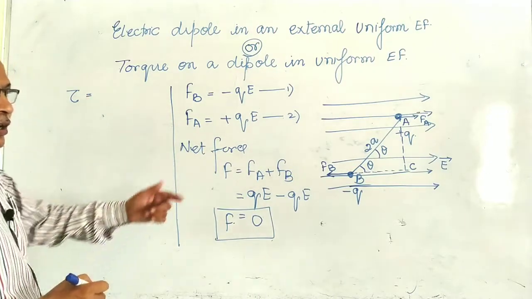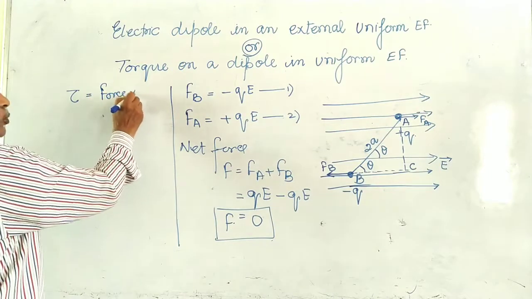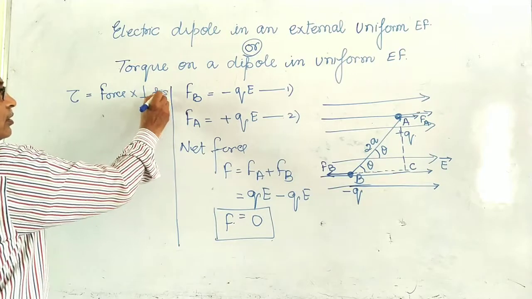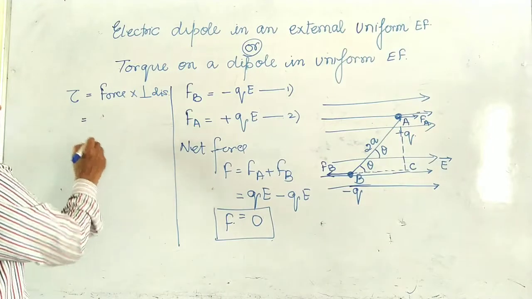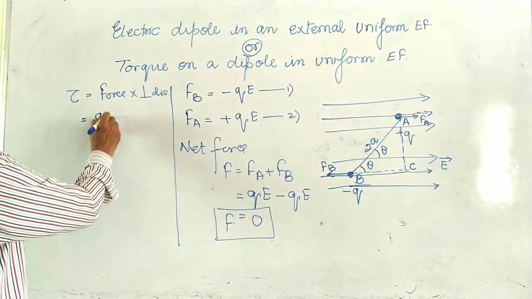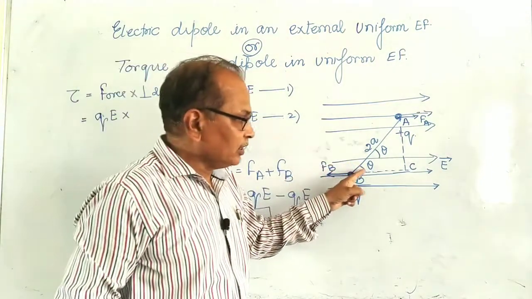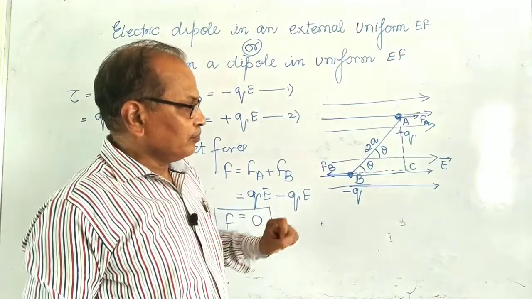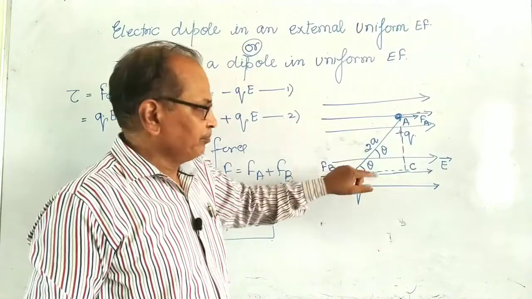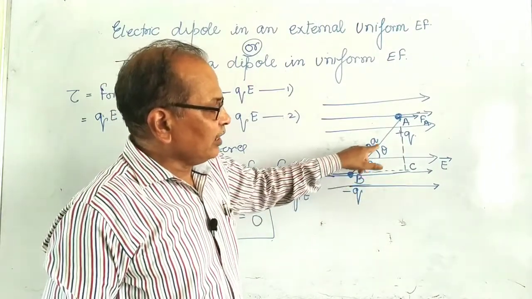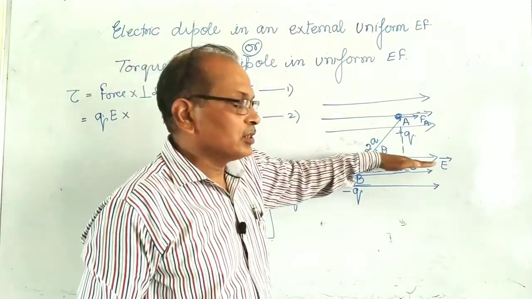any force out of these two forces into perpendicular distance. This is the formula for calculating the torque. Force is any force, it is QE, and perpendicular distance. Here theta is the angle, see this theta or this theta, you can take any one. This theta is the angle between the dipole length and the electric lines.